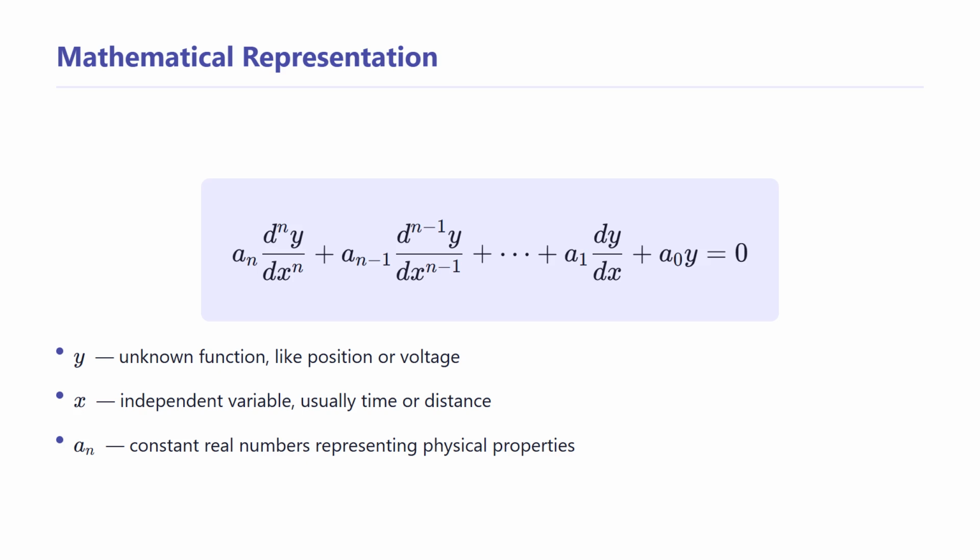The symbols a sub n down to a sub 0 represent constant real numbers. These constants correspond directly to physical properties, like mass, friction, or spring stiffness. Finally, the 0 on the right side is what makes it homogeneous, physically meaning there is no external driving force acting on the system.